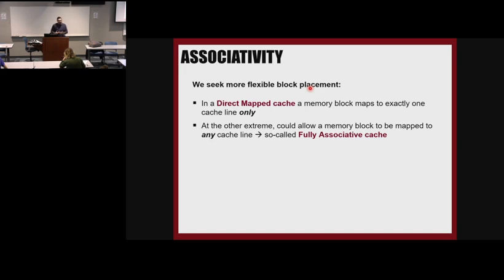Another alternative is we give this option to the cache that every block in the main memory can be mapped to a different location in the cache. Right? This is called fully associative cache. The other side of the spectrum. So every block in the main memory can be mapped to any block, any line in the cache. This is the fully associative cache.